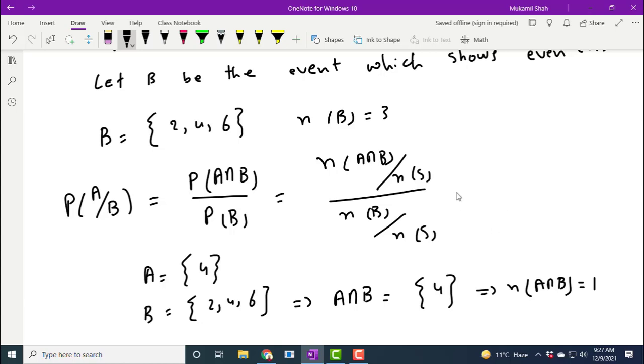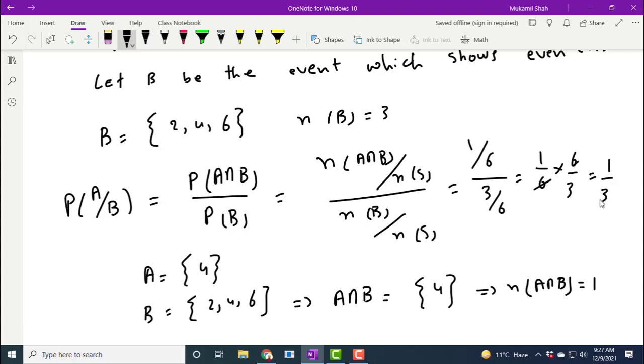If you put in the values, the number of outcomes in A intersection B is 1, and the total number of outcomes in the sample space is 6. Similarly, the number of outcomes in B is 3 and the total number of outcomes in S is equal to 6. So this is equal to 1 over 6 times 6 divided by 3. The 6s cancel out and you are left with 1 over 3.